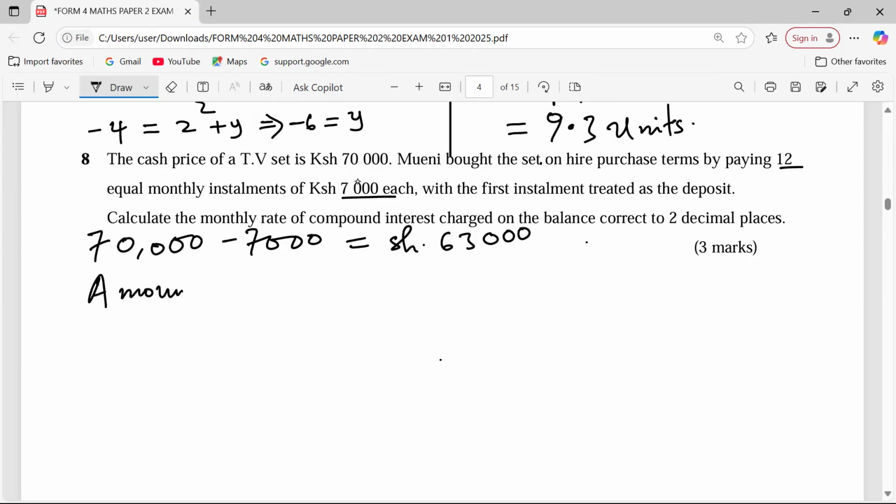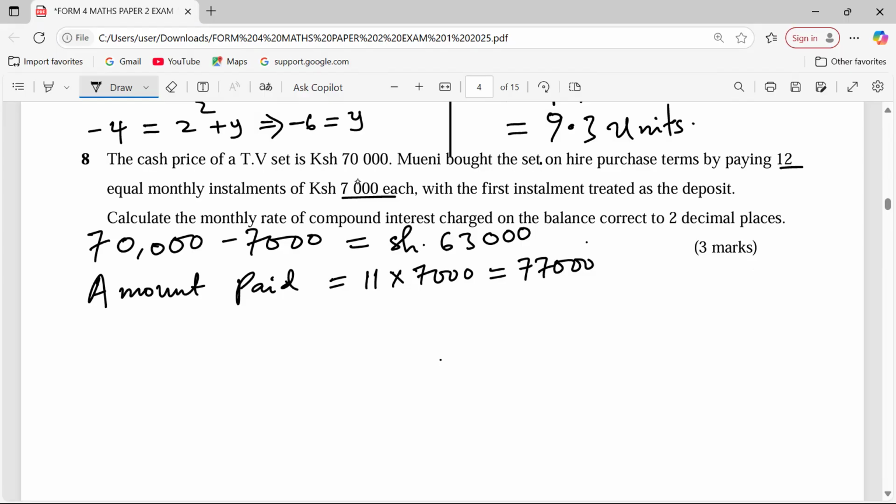In other words, the amount paid at the end of the period shall be the other installments, 7,000 each. Is this 77,000? Yeah, 7,000 for 11 installments now.